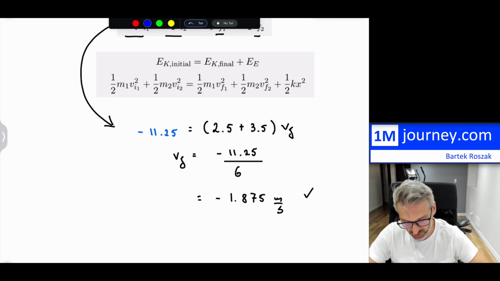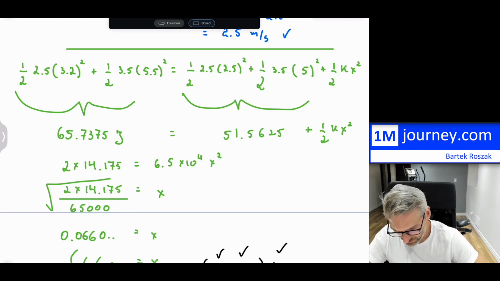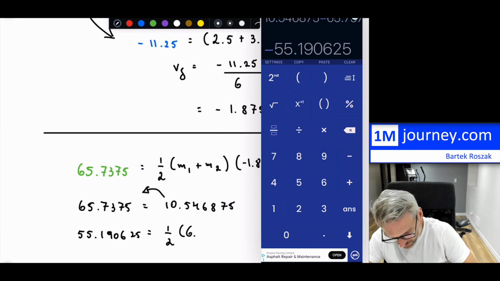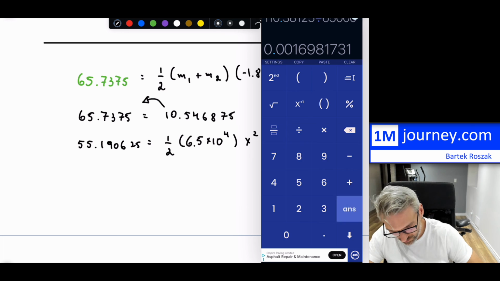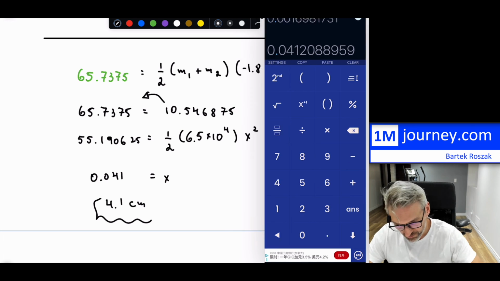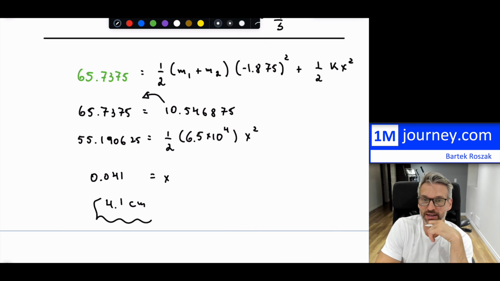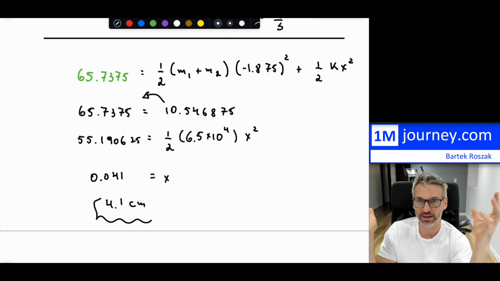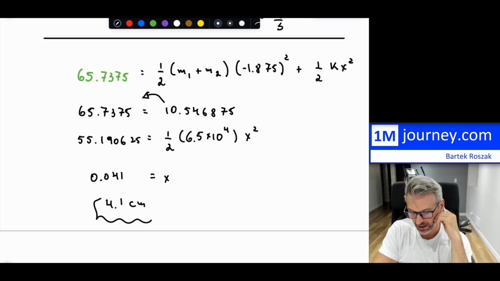I'm going to try to do that right now. All right, so there you have it. The maximum compression was 4.1 centimeters, and that's the maximum, and then it's going to recoil back and they'll separate afterwards.